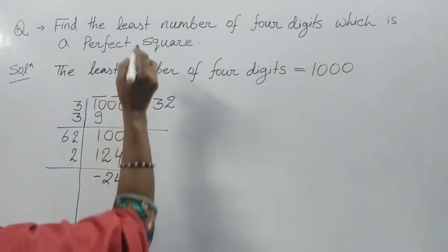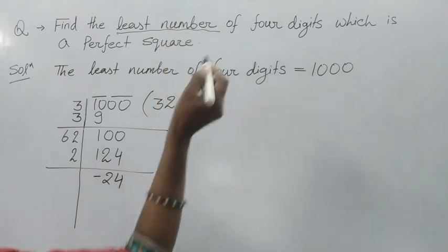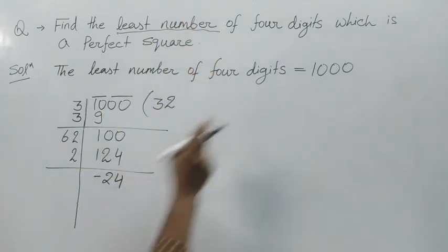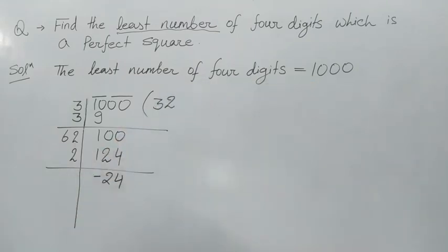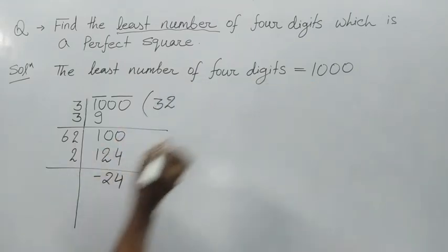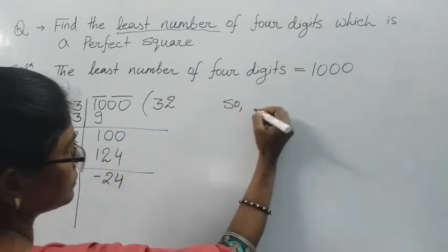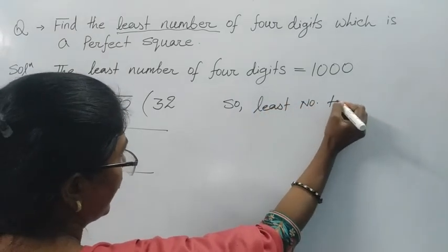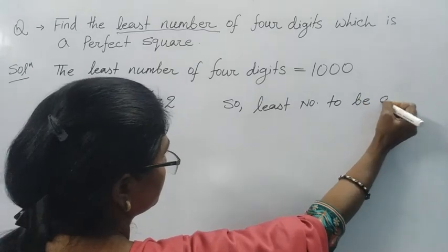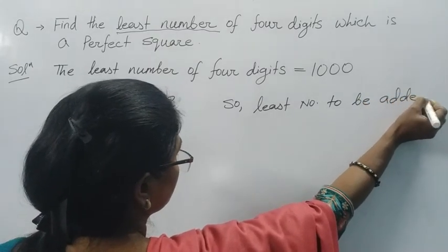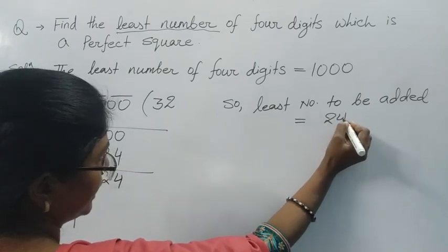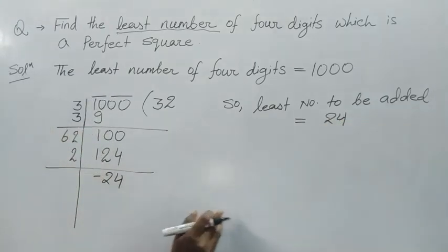तो least number to be added, कौन सा number हमें add करना है? 24 हमें add करना है इस number में, ताकि हम उसे perfect square में convert कर पाए. So least number to be added is equal to 24. Minus sign नहीं लिखेंगे, positive number ही लिखेंगे, 24.